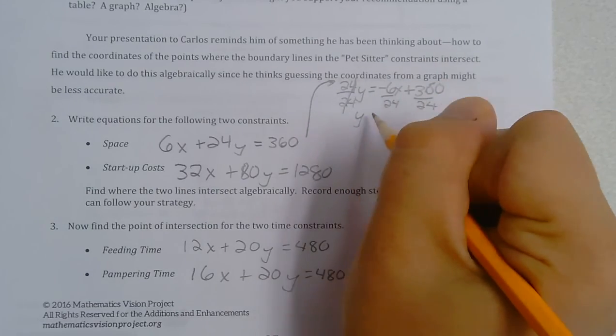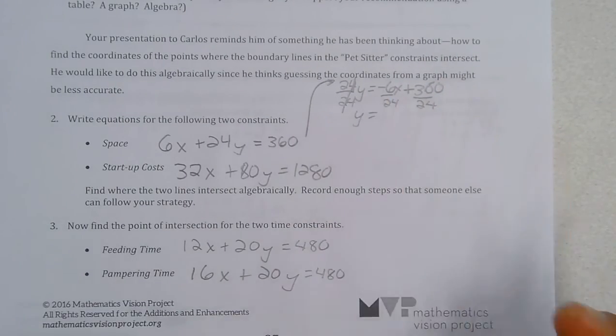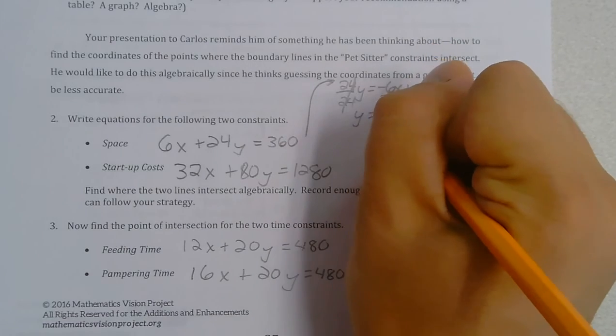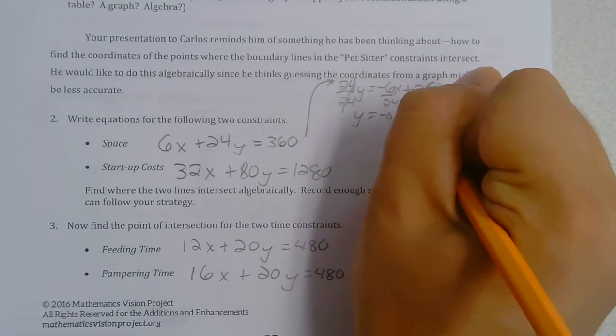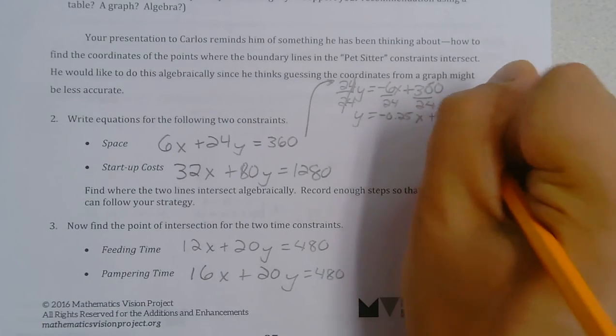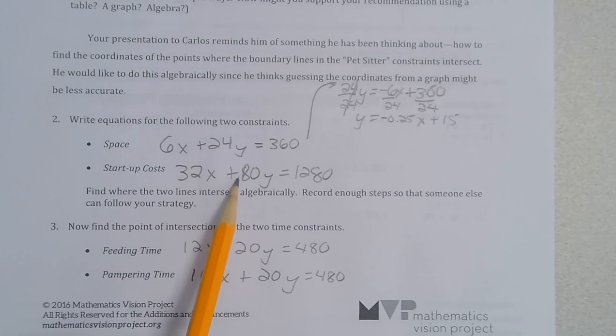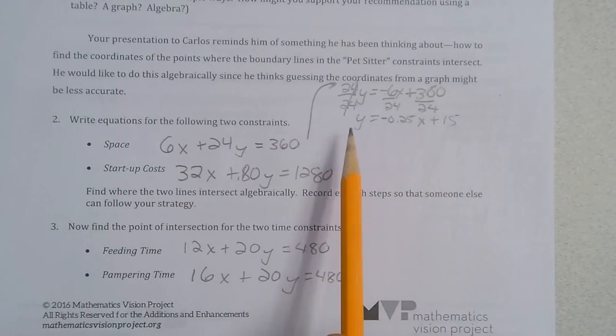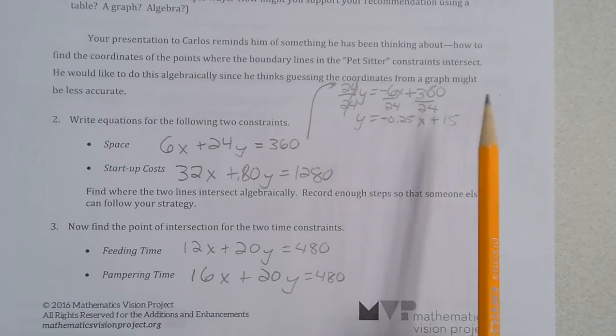And you would get y is equal to negative 6 divided by 24. I'm going to list this as a decimal, so negative 0.25x and then plus 15. So I got you a start. Now you need to solve this equation for y, substitute, and then solve.